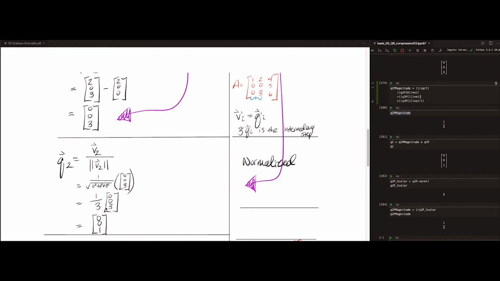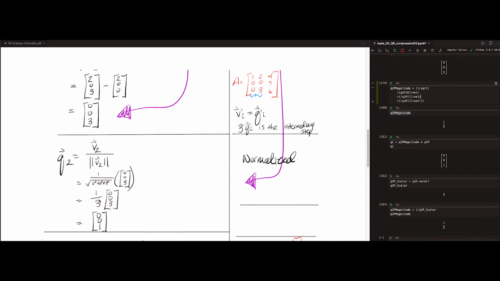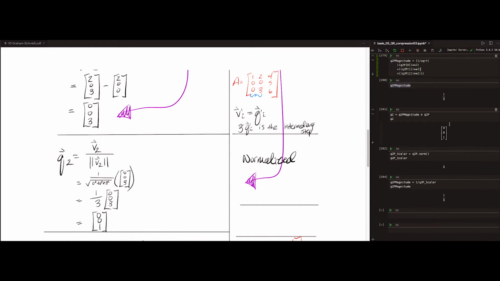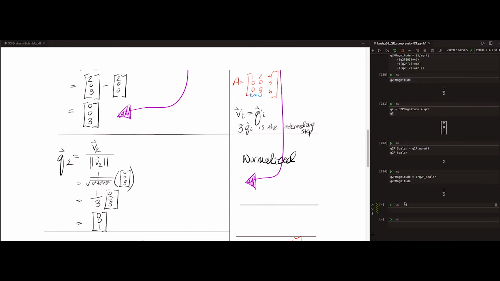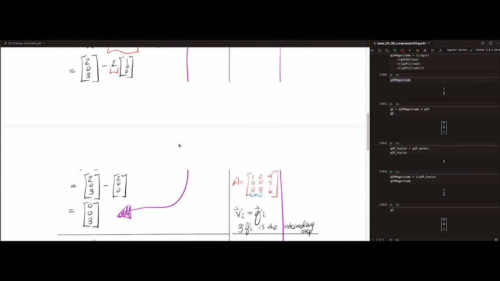And so that's exactly what we have. At the end of the day, we get this Q2 vector, and that's exactly what we needed to get the orthonormal to this other one that we have.